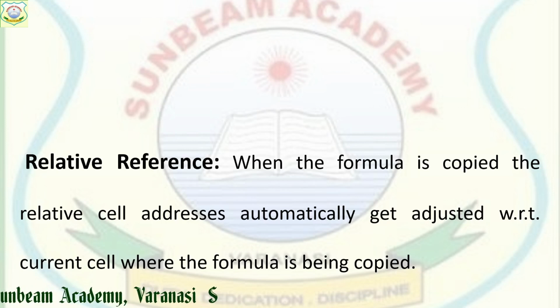Suppose I have taken 3 cells to add, and I copy this formula to the next column, the corresponding cell addresses change to the next column. As per the current cell, the cell address changes. This is known as relative reference.